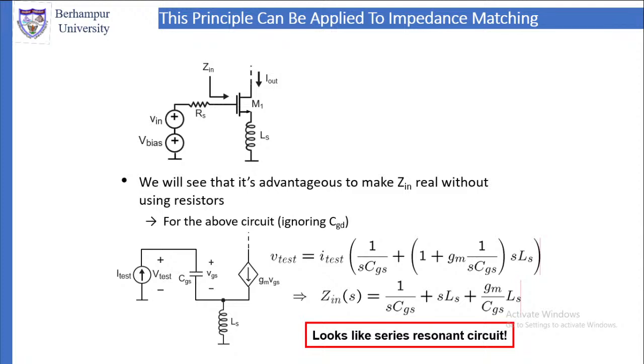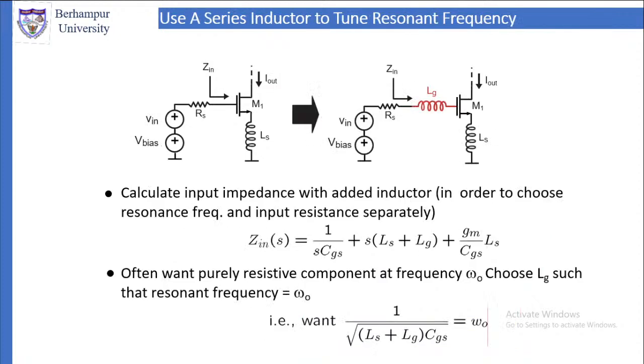This is like a series resonant circuit. Now use a series inductor to tune to the resonant frequency in the circuit. If you use a series inductor Lg, then instead of looking at Zin exactly at the transistor, you will look at the Zin through the series inductor Lg.